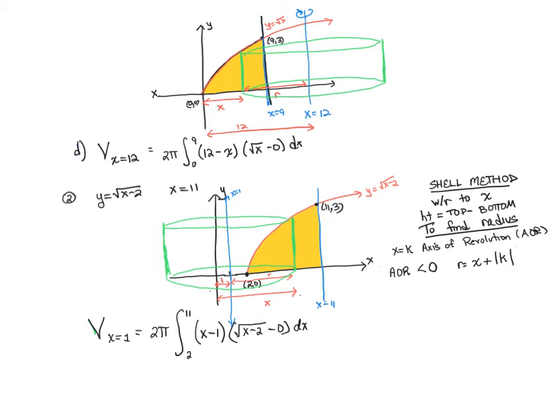And this was illustrated on the previous page when the axis of revolution was x equals -1, then the radius was x plus 1, where 1 was the absolute value of -1.